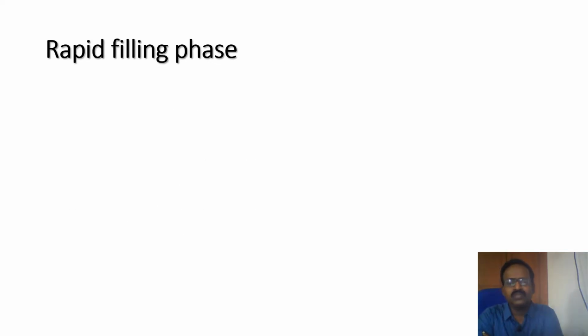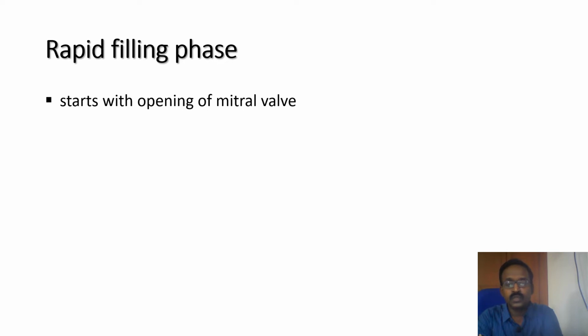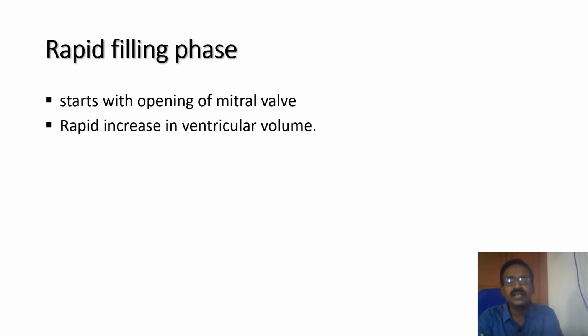The rapid filling phase of ventricular diastole starts with the opening of the mitral valve. So during the ventricular systole, the blood that filled the atrium enters into the ventricle. So that rapidly increases the ventricular volume.